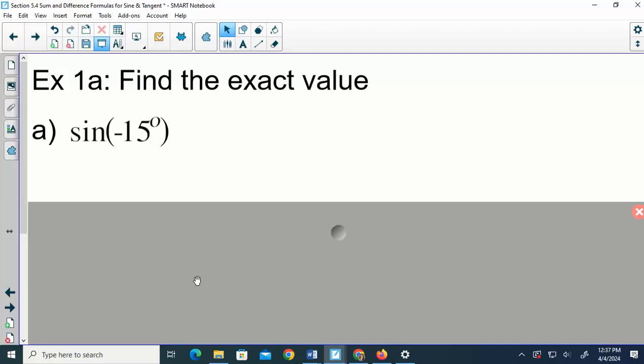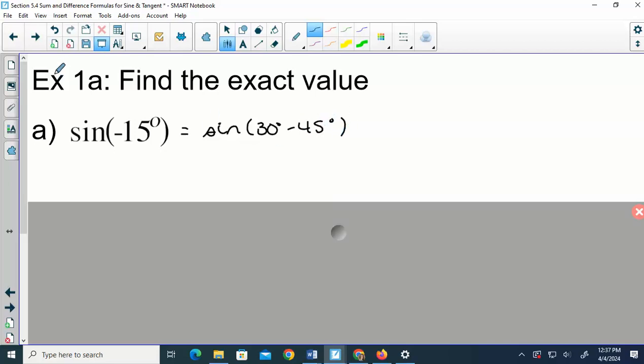So how could I get a negative 15 degrees? 30 minus 45. So then we use our sine difference formula.